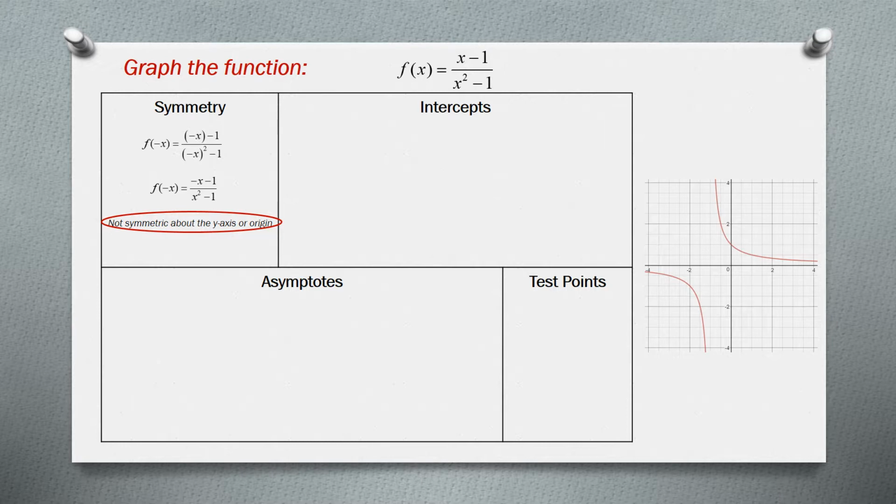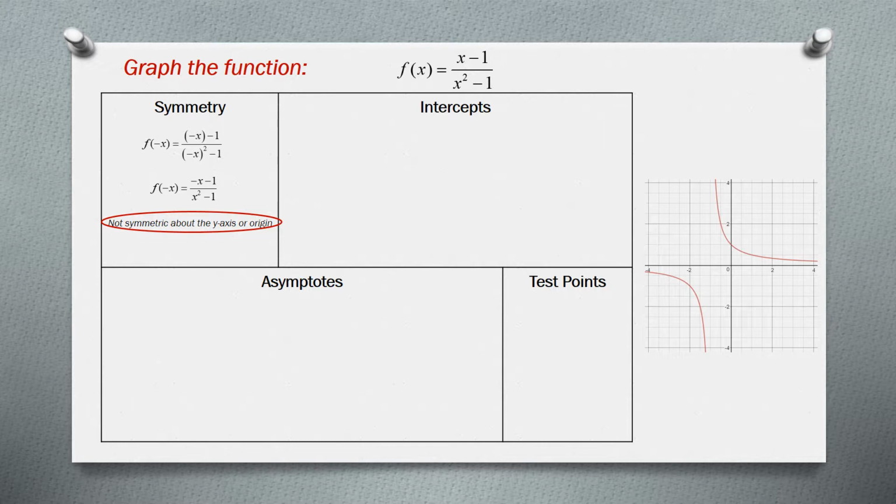I do not get the opposite of the original function. I get something completely different. So I do not have symmetry here around the origin or the y-axis, and we can also see that with the little graph sketch on the right hand side, a computer generated version of the graph of our function here. So we see there's no symmetry.